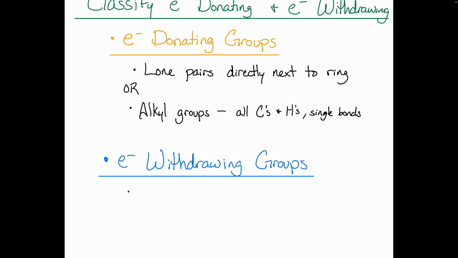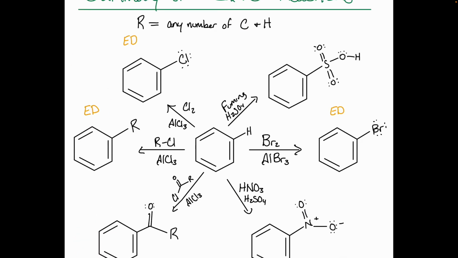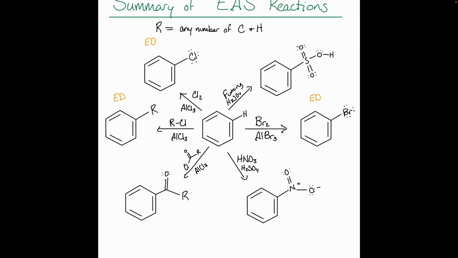So our electron withdrawing group is simply everything else. Okay? So then if we go back here, let's just finish labeling our wheel. We got our 3 electron donating groups. That means that everything else, also our sulfonic acid group is electron withdrawing. Our nitro group is electron withdrawing. And that acyl group is electron withdrawing.